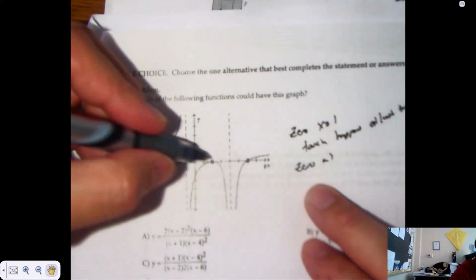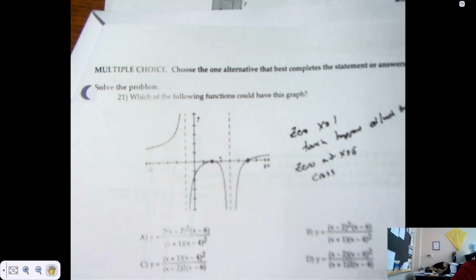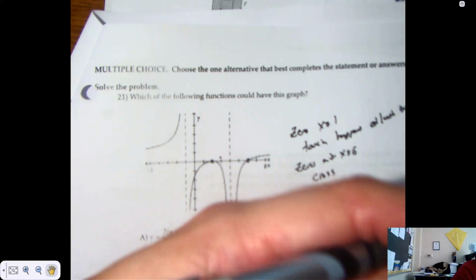We also have a 0 at x equals 6. That's a crossing. How many times does that happen? A touch happens at least twice. A crossing happens at least once.